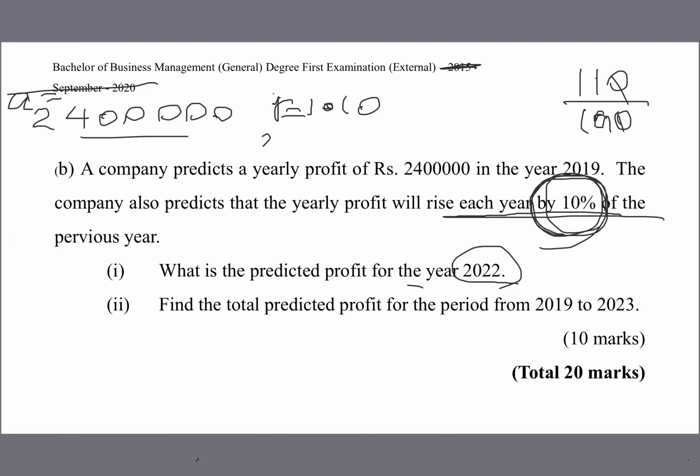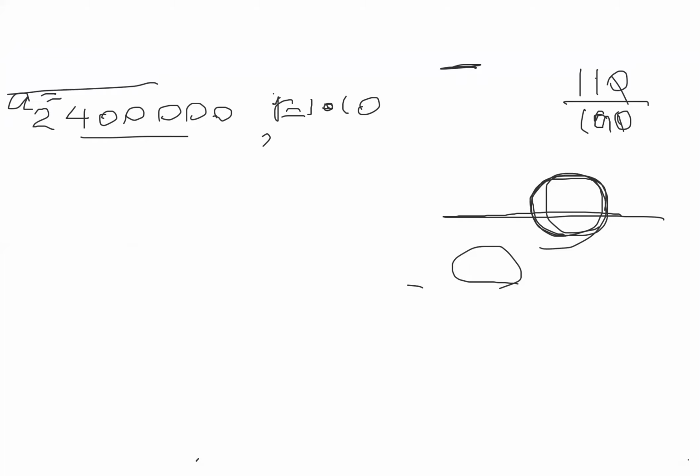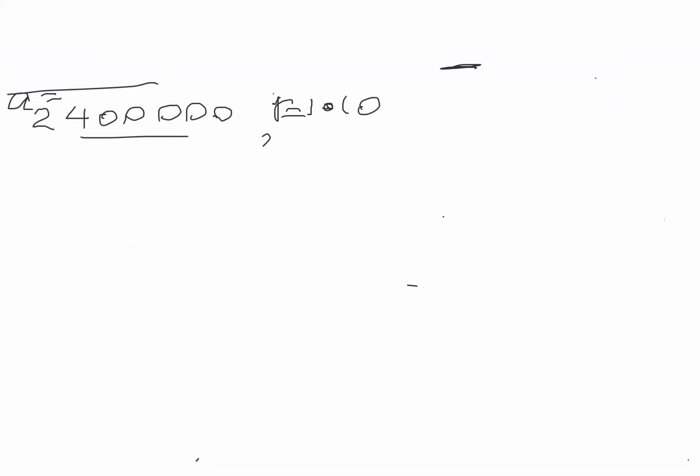Now check our N. 2019 means 1, 2020 is 2, 2021 is 3, 2022 is 4. That means our N should be 4, right? So we have to find T4. Before that, the common formula Tn for the geometric series: Tn equals A R to the power n minus 1.